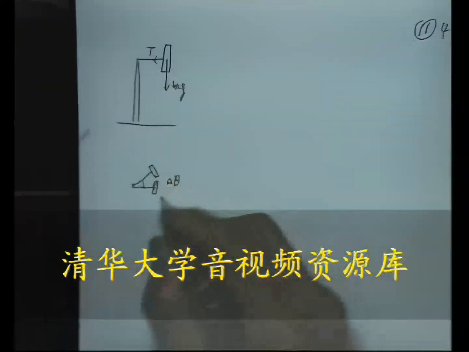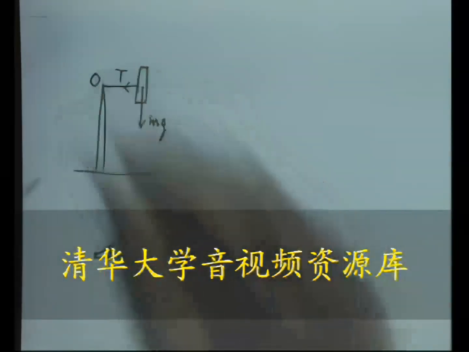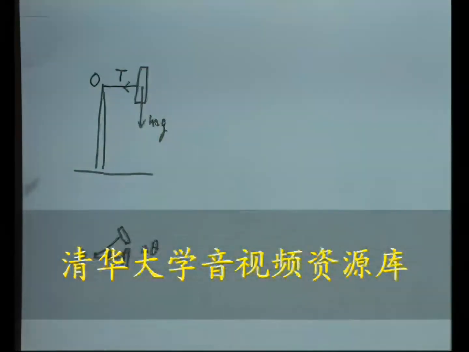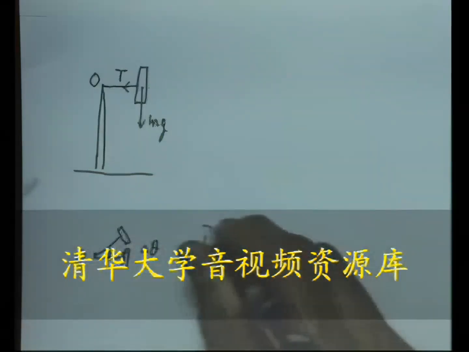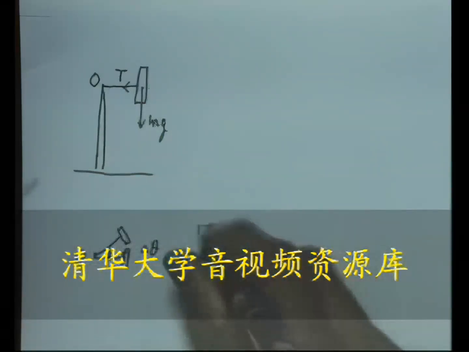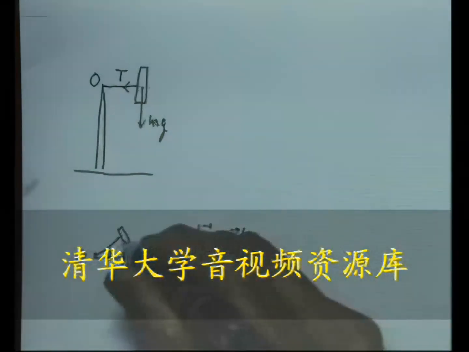Let us take this point to be the origin. Originally, its angular momentum is along this axis. Afterwards, its angular momentum is changed. So L prime minus L, the absolute value of this is equal to this distance.